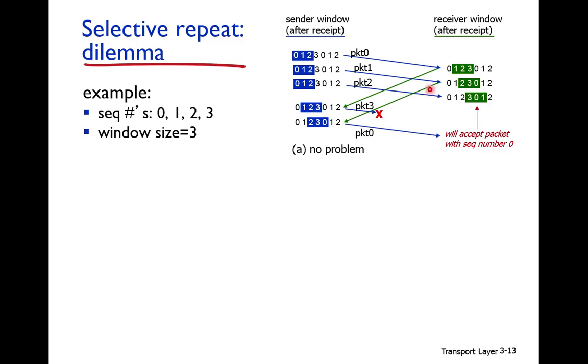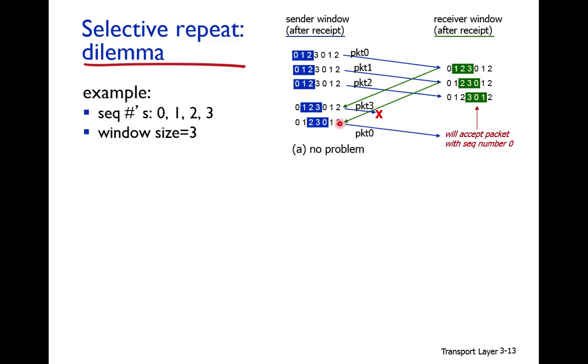Okay. Now suppose packet number 1 arrives correctly. It is in order, so it will be delivered to the application layer. And now the receiver will advance its receive base to 2. That is, the receiver is now expecting the third packet with sequence number 2. Similarly it will send the acknowledgement.